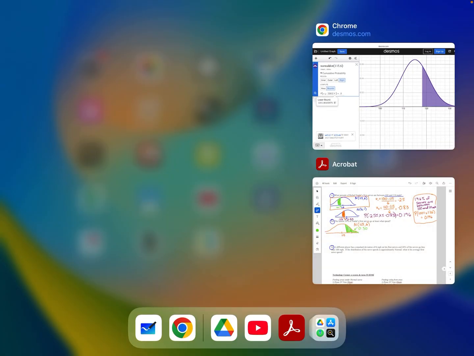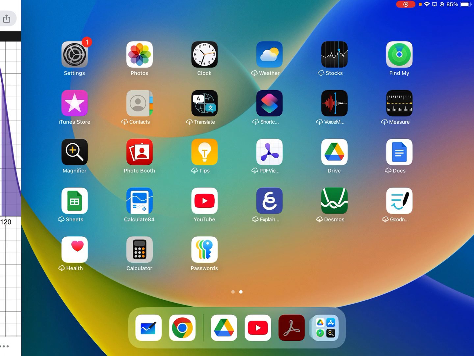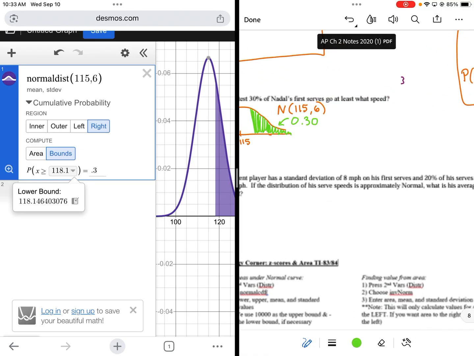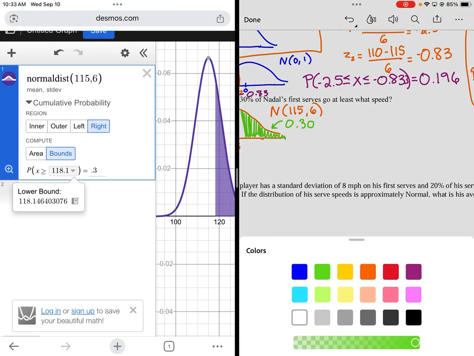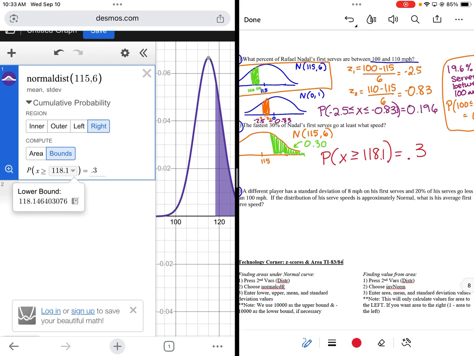So we would answer this question. Let me do this. As we've got to write stuff down. We can't just write the answer. We got to show our work. So then the fastest 30% of serves go at least what speed? 118.1.